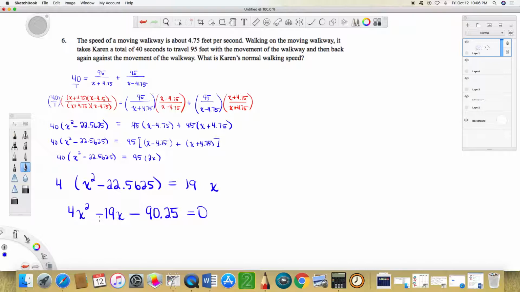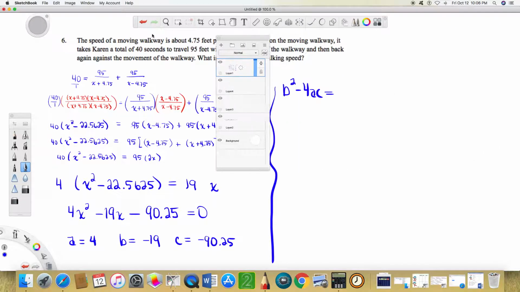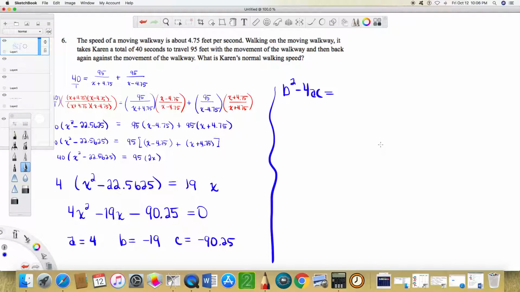Alright, so let's use the quadratic formula to solve this. A is equal to 4, B is equal to negative 19, C is equal to negative 90.25. I'm going to find the discriminant first. Let's find b squared minus 4ac. That's the discriminant, the part that's underneath the radical. We have to find it anyway, so I'm just going to find it first.